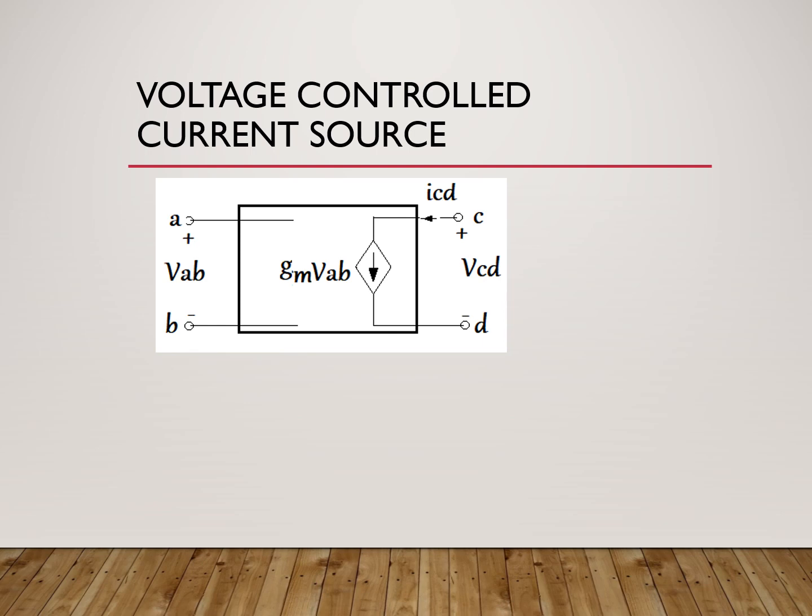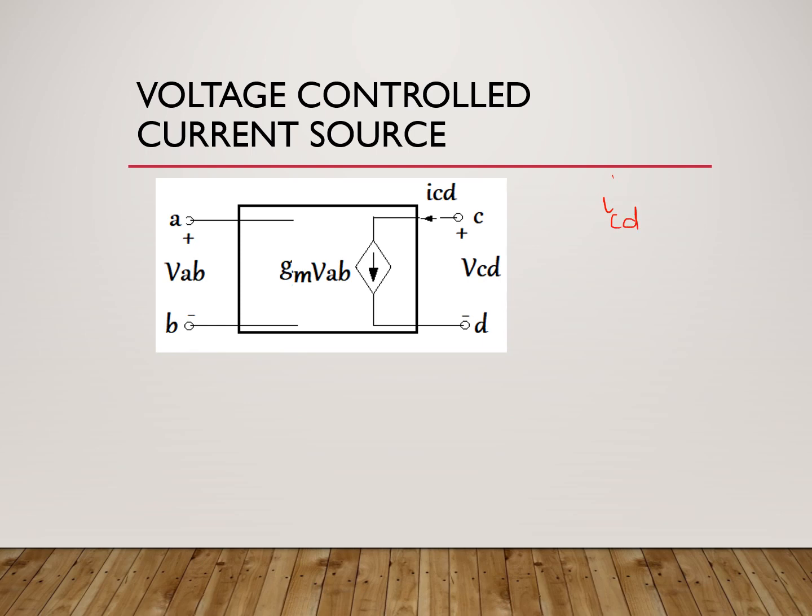Okay. Now, speaking about the voltage controlled current source, it can be represented by, again, since it's a dependent source, the diamond symbol with an arrow for the current source. The output terminals are CD and the input terminals again AB.